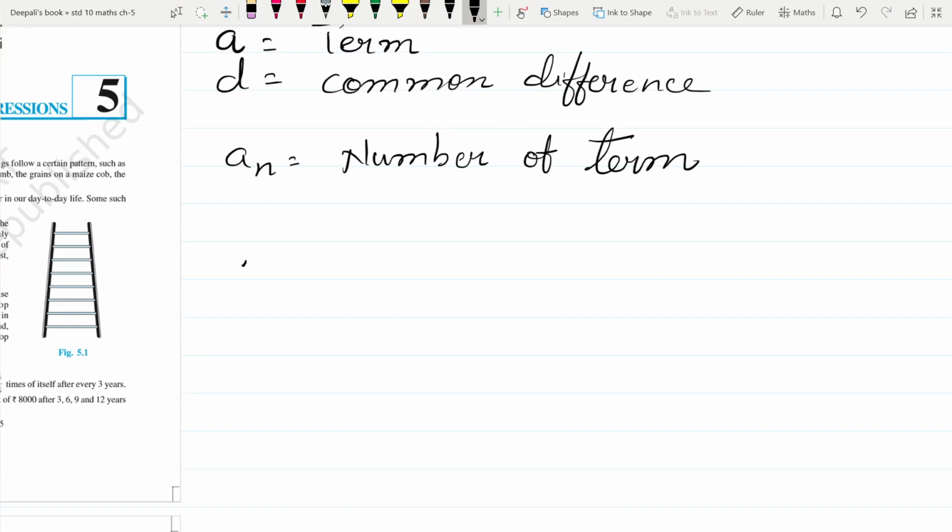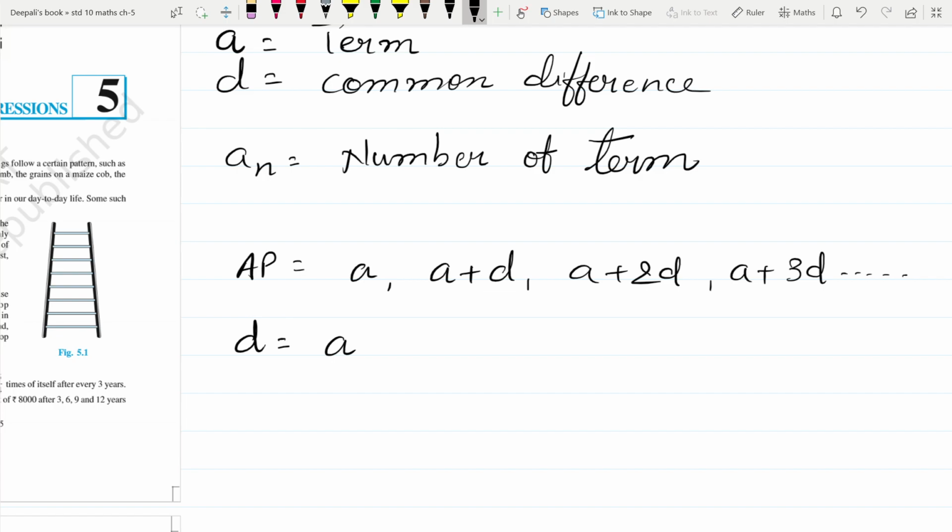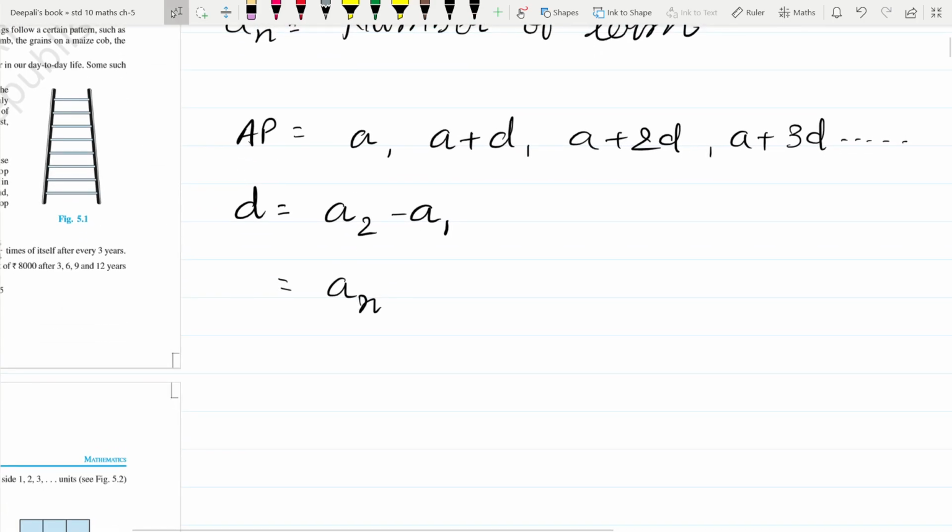Now the formula for AP is A, A plus D, A plus 2D, A plus 3D and so on. Formula for D is A2 minus A1, or A(n) minus A(n minus 1). This is what D stands for.